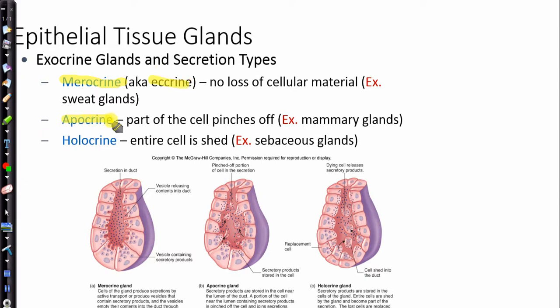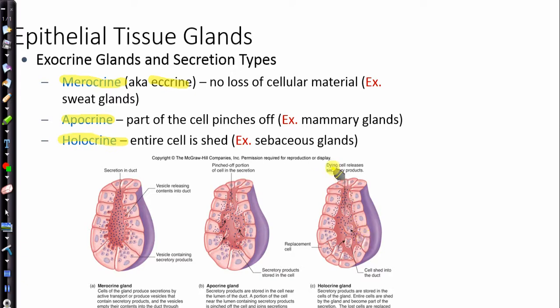Apocrine glands are going to be where part of the cell gets pinched off or part of the cytoplasm leaves along with the product. And the example for that is going to be mammary glands. Also, we associate apocrine glands with glands that are axillary and in our pubic region. And we'll talk about why they have slight odors a little bit later. Holocrine glands are going to be glands where the gland itself is actually going to be destroyed.